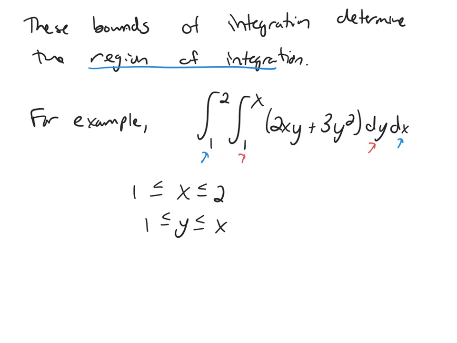So let's see what region this corresponds to in the xy plane. If I replace that last inequality with an equals, y equals x, that's a line through the origin.